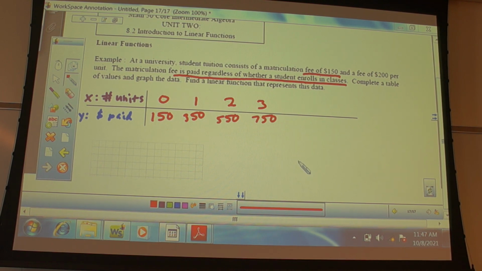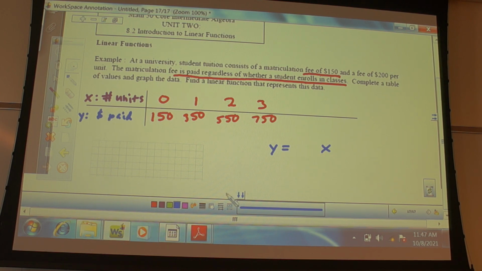Find a linear function that represents the data. Okay, so what's my increase? For every x, for every unit, how much do I pay? How much is an increase for every unit? 200.